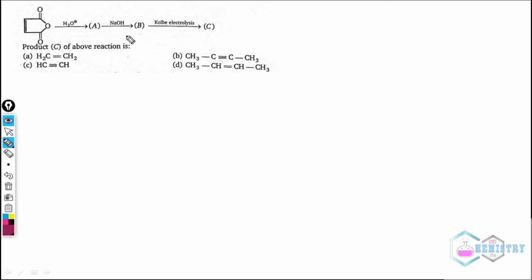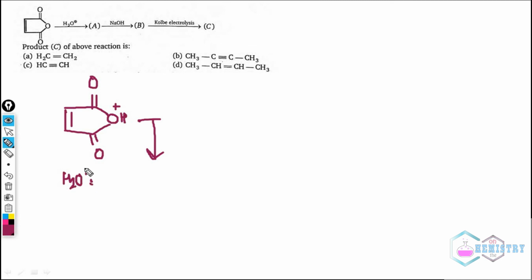On treatment with NaOH it will form a sodium salt, and it will form an alkene or alkyne on cold base electrolysis. So how does this reaction work? Let's find out. On acidification, this H will get attacked, and after protonation of this oxygen, water will attack this carbon and this bond will break and it will form a compound like this, COOH.